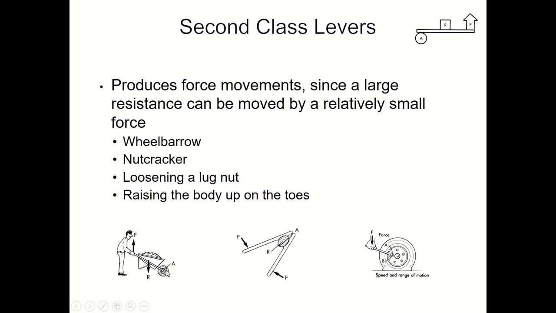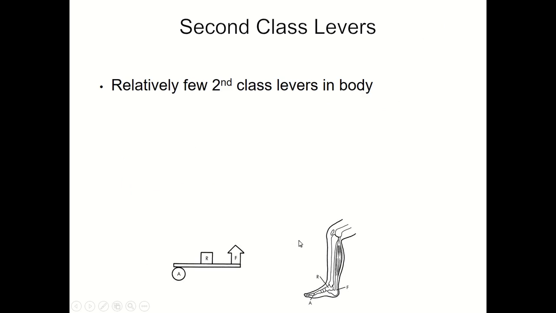So look at this wheelbarrow: the resistance is right in between, and by applying upwards force, you can actually overcome the resistance to move the wheelbarrow. In the case of the nutcracker, there is heavy resistance in the middle close to the axis here, and by applying inward force, we can actually crack this resistance.